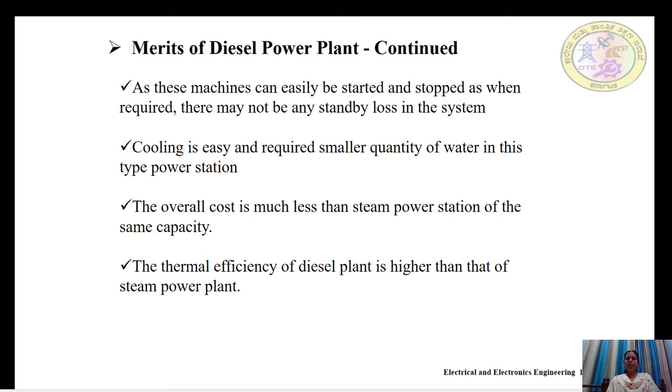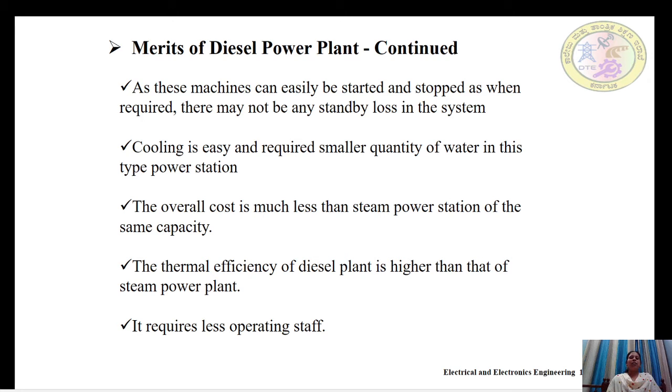I'll repeat again: it is the relationship between the energy obtained from the fuel and the amount of energy used to perform the work. That is higher in the case of a diesel power plant.